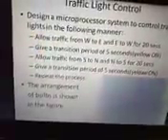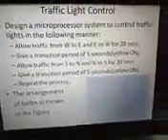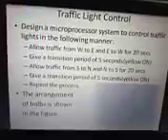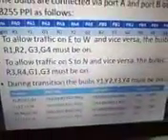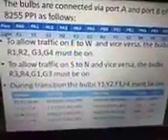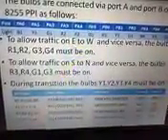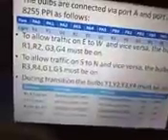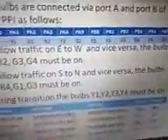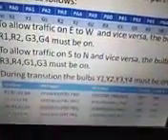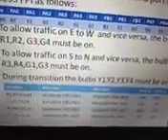In order to control this, first these LEDs must be connected to the microprocessor through the 8255 ports. The connection is shown here. Port A is used to connect with the bulbs present on east to west traffic, that is R1, R2, and so on, and port B is used to connect the south to north traffic bulbs.